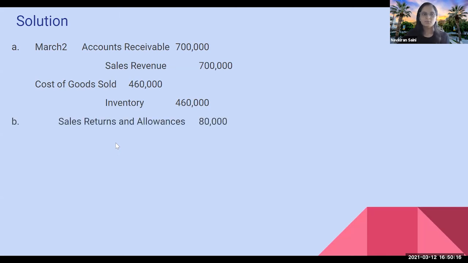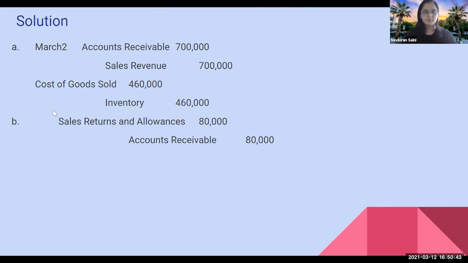The next journal entry is the return. When the customer returns the sold goods, we are basically reversing the first entry, but we use the contra sales revenue account, sales returns and allowances, instead of just sales revenue, because we want to keep that separate for other managerial purposes, so that we can know why the goods were returned.